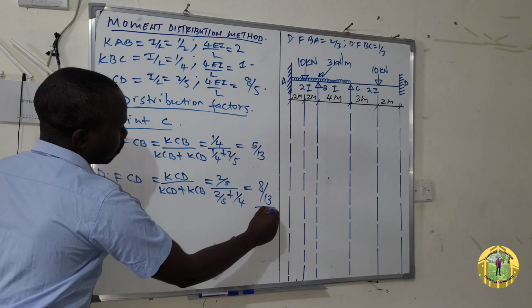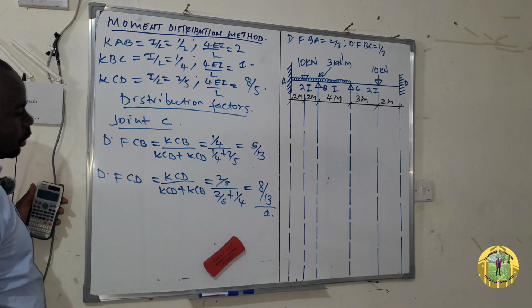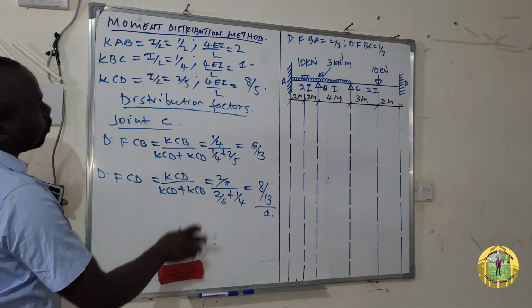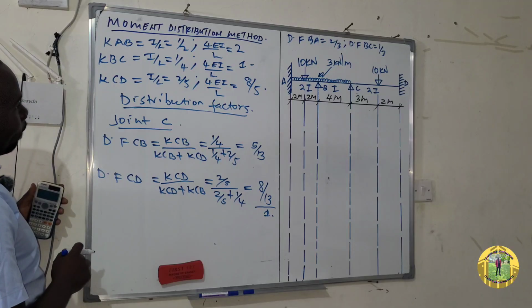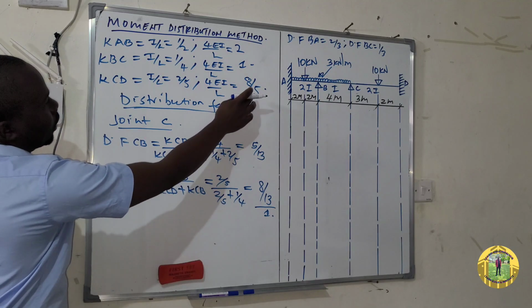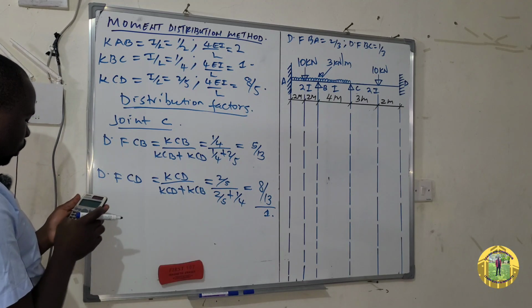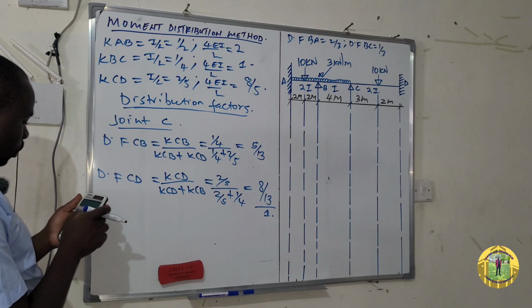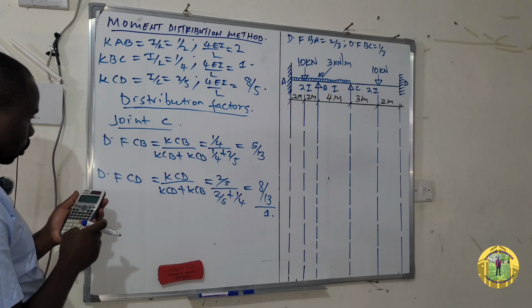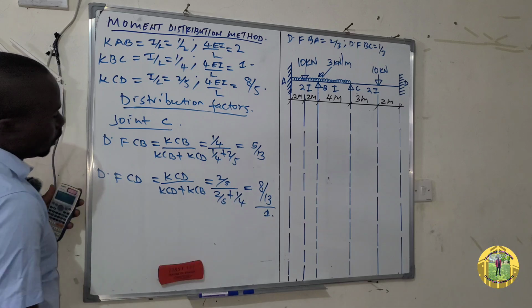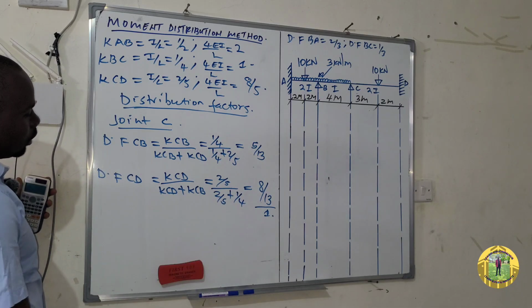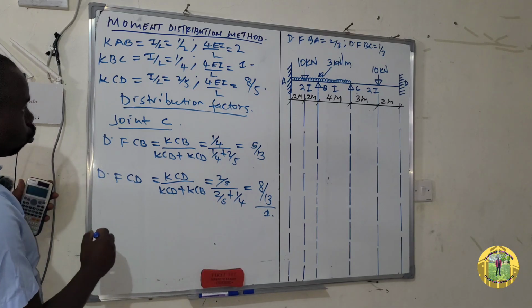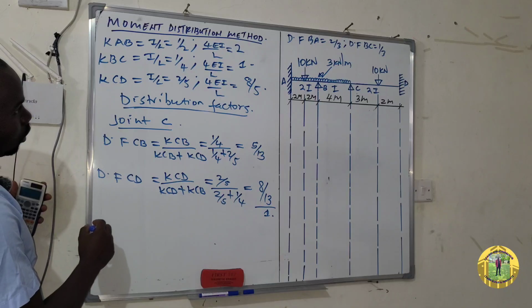So this one is 1, and therefore correct. And if we decide to use 4EI over L, we start with 8 over 5 divided by 8 over 5 plus 1. You get a similar answer, 8 over 13.